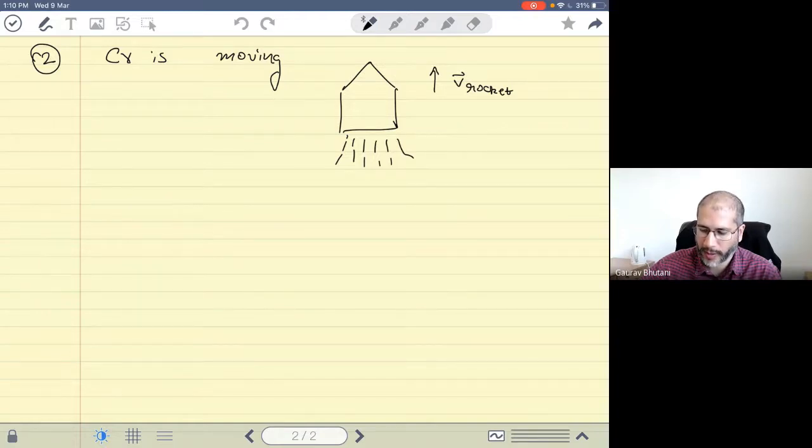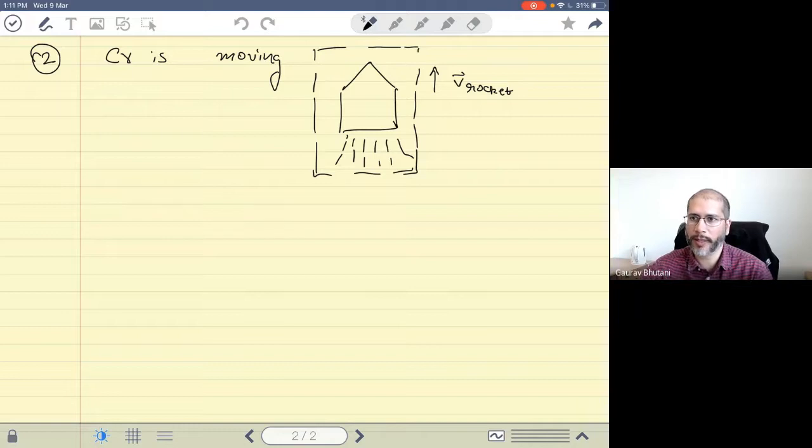So in this case, if I have to choose a control volume to solve this problem, the most apt control volume would be a volume which is moving with the rocket. Because in fluid mechanics, you would want to figure out what sort of forces are acting on the rocket, for example. So you would want to fix your frame with the rocket, like we did with the car. If a car is moving, we fix our control volume with the car and let the other fluid flow past it. So that's what we do in this rocket problem as well.